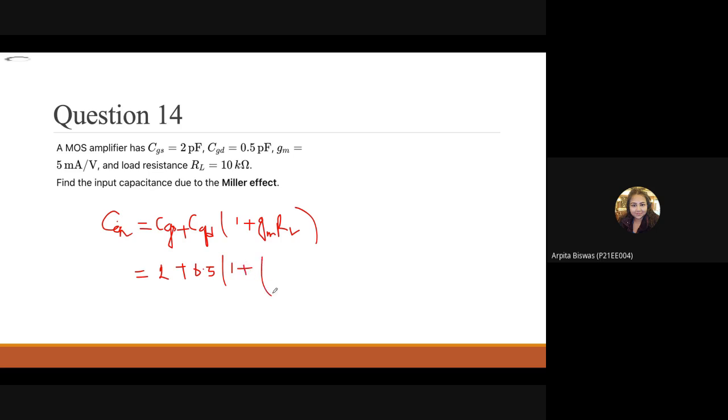What is the value of this gm? It is 5 milliamps. RL value is 10 kilo ohm, it means 10 to the power 4. Right?